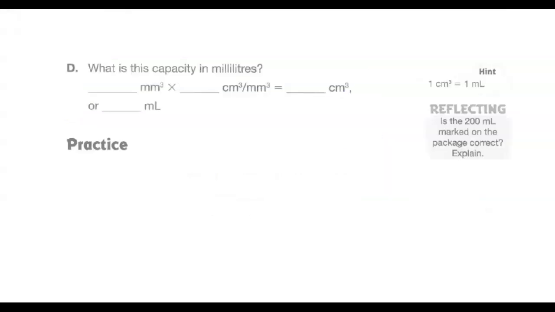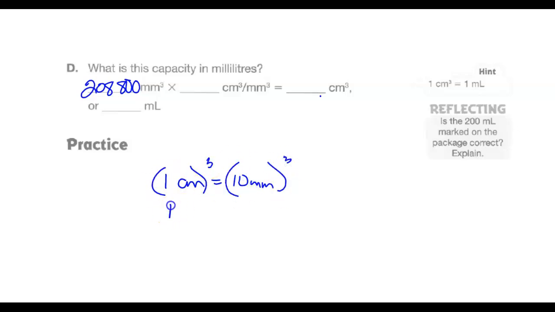On the next page, what's the capacity? So 208,800. So we're going from millimeters cubed to centimeters cubed. So remember, 1 centimeter is 10 millimeters. So if we cube that, you can always calculate it yourself.